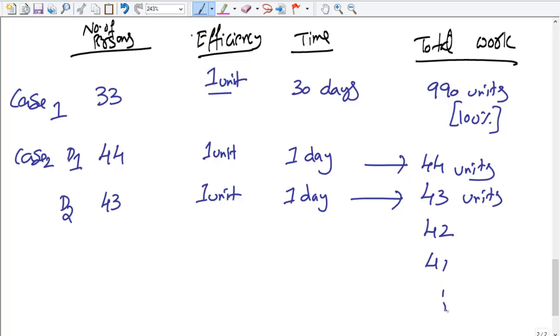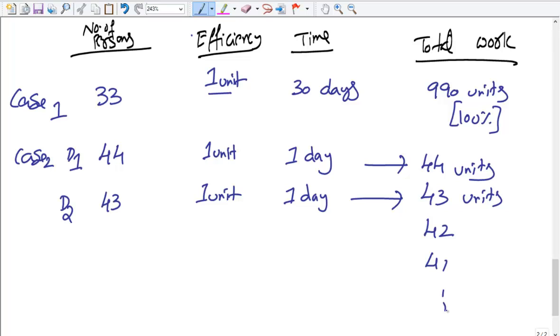So the sum of 44 plus 43 plus 42 plus 41 and so on, up to the entire work. The entire work is 990 units. In this manner they finish. Now instead of trying to do it that way, the numbers are the units per day, and the sequence is 44, 43, 42. That's an arithmetic progression.